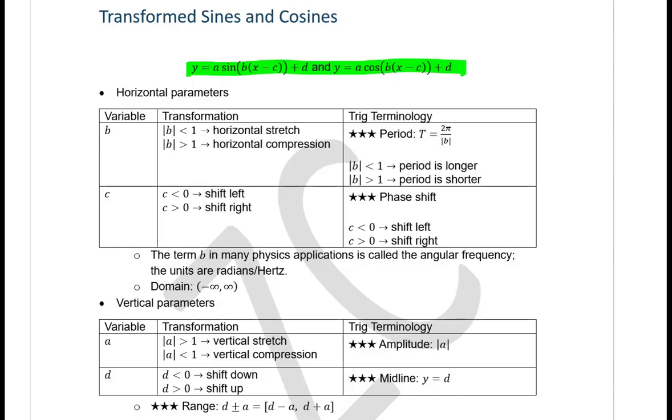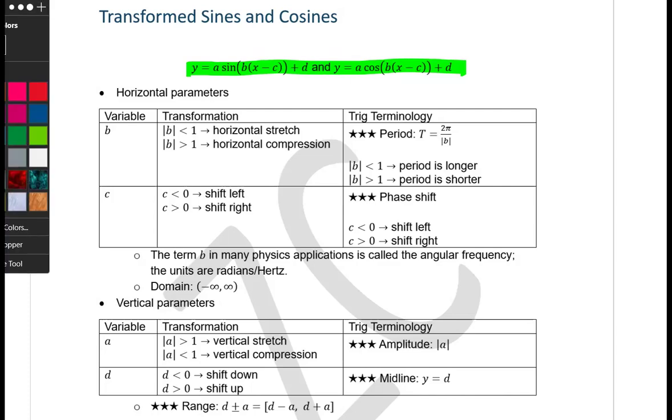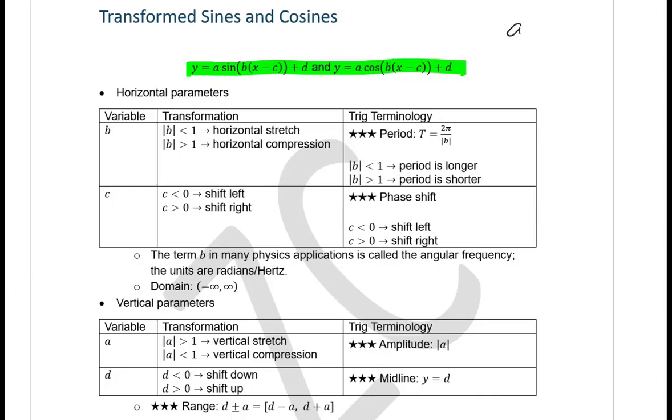So in terms of transformations, A does what? It is vertical stretch or compression, and reflection if it's negative. How about B?